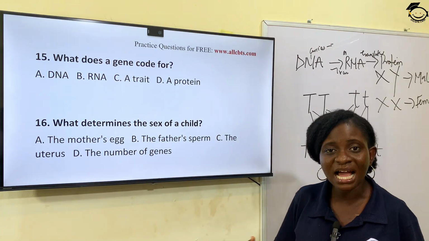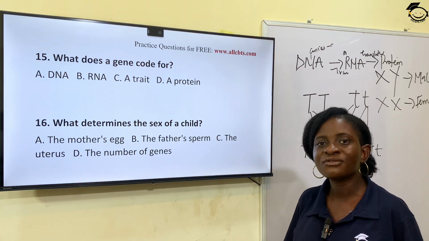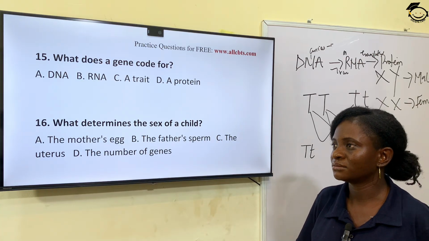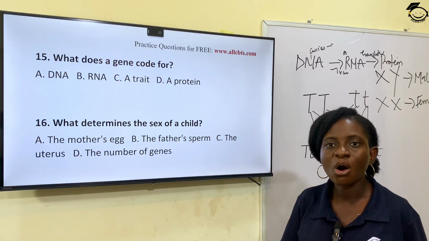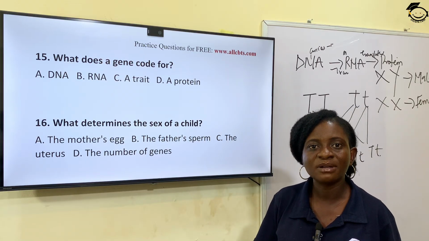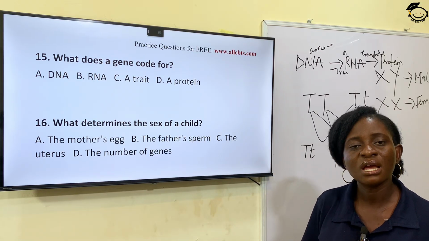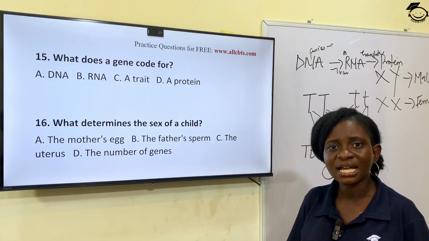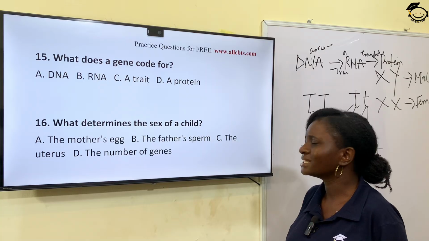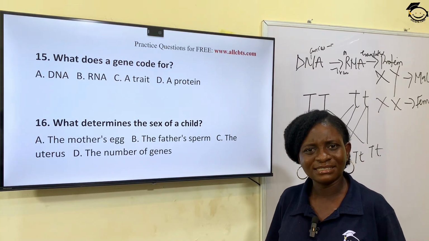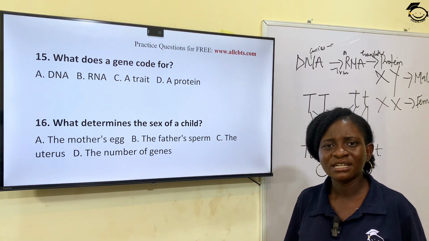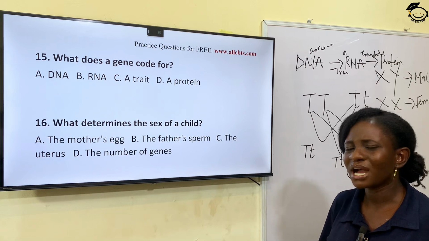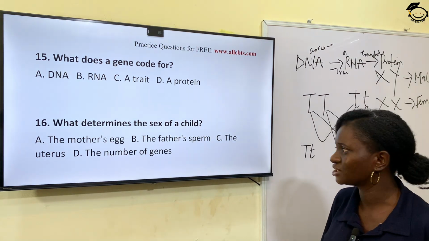So this question is asking what determines, in a family, if the offspring are all males, and in other families they have a mixture of both females and males, and in another family they just have males or females. So is it the father that determines the sex of the child? Is it the mother? Who actually determines the sex of the child?